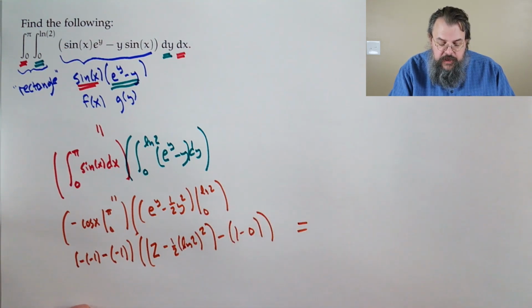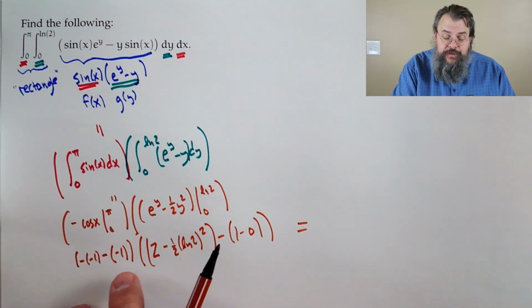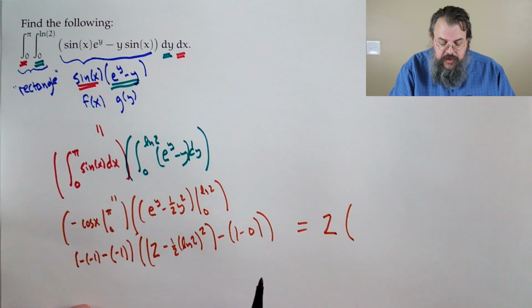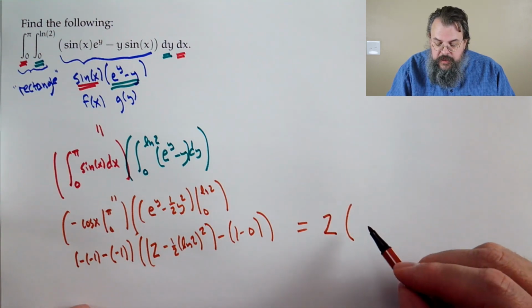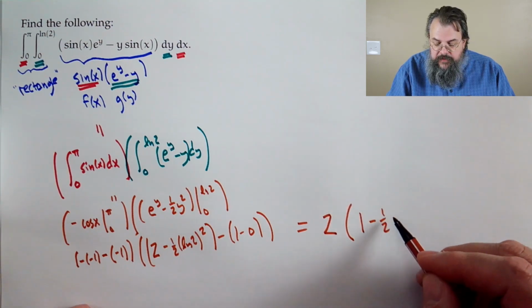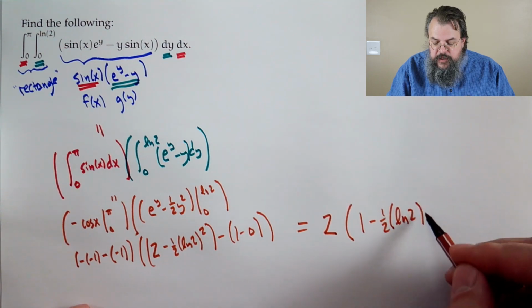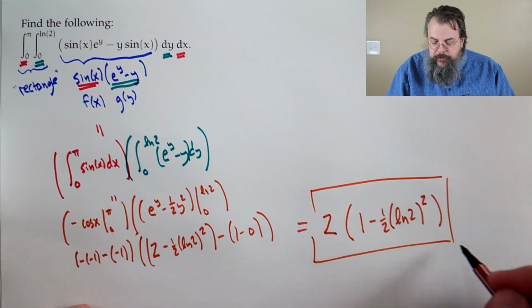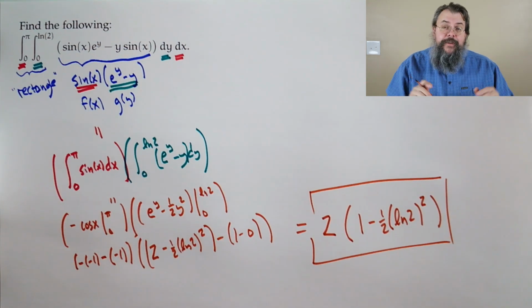So, leaving us with 1 plus 1, which is 2, from the first piece, times, here, 2 minus 1 is 1 minus a half, log of 2 squared. And we're done. That's it. That's the integral.